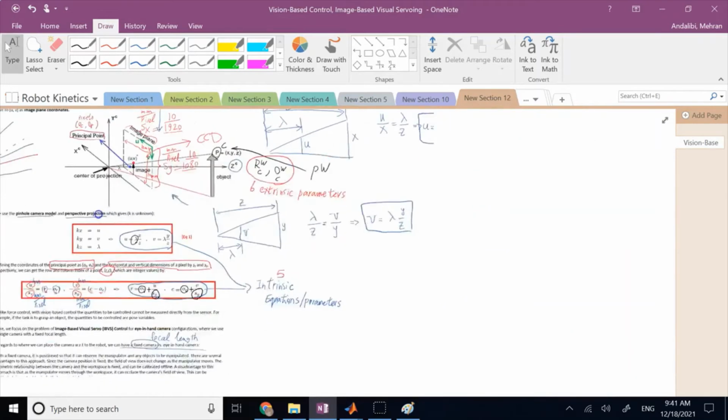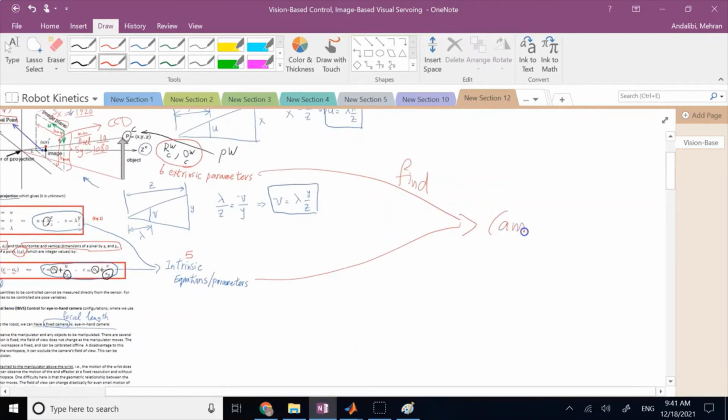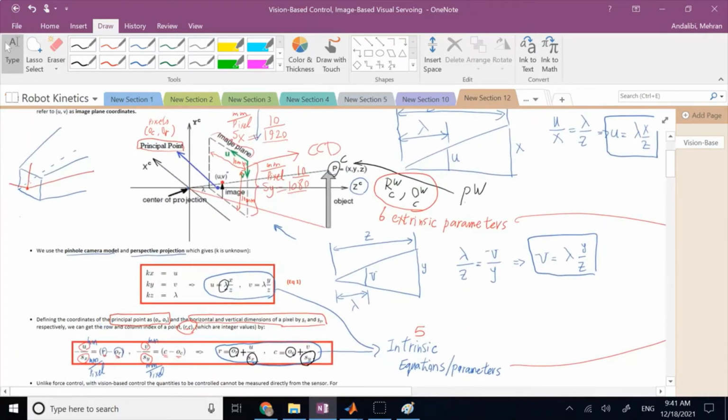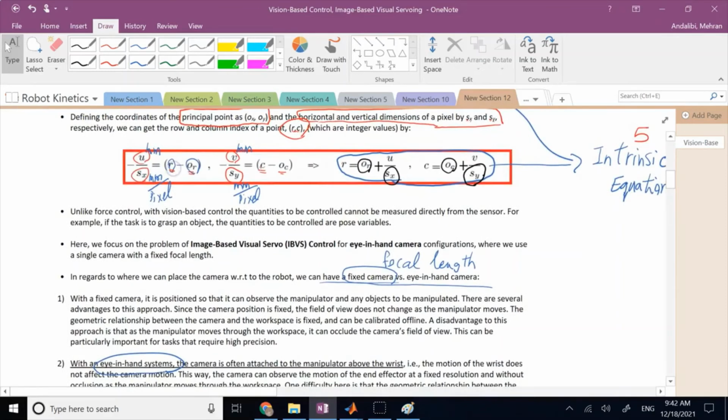And the process to find these is called camera calibration. Again, we are going to talk about that in detail in our future playlist called Image Processing Computer Vision. So I just wanted to give you some very, very brief explanation about the image formation model and perspective model. Good.